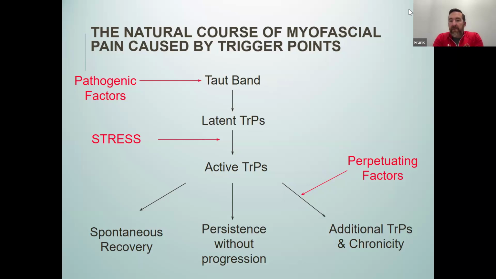Then you throw on top of that maybe a restricted first rib, a little shift in the thoracic spine, or poor scapular control. And all of a sudden those taut bands, those latent or active trigger points, have that consistent and continuous noxious stimulation without any offloading.